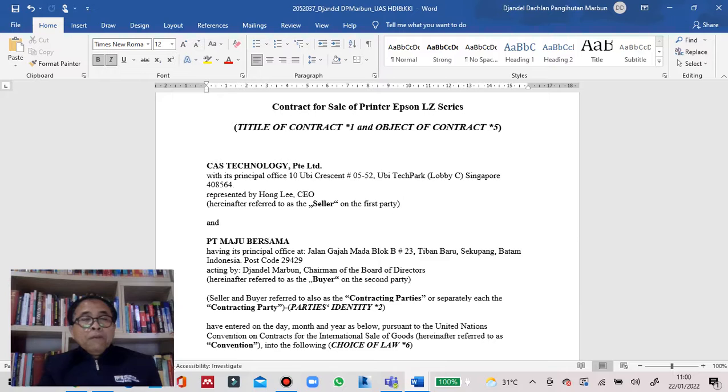Delivery method. It might be letter of credit and so on. 8. Dispute settlement. It might be negotiation, mediation, and arbitration. 9. Force majeure. 10. Closing, signature of parties and witnesses, and appendices.